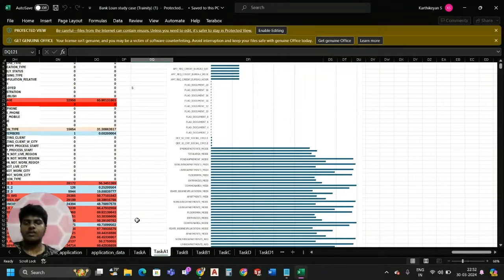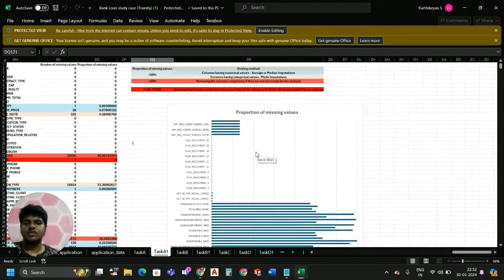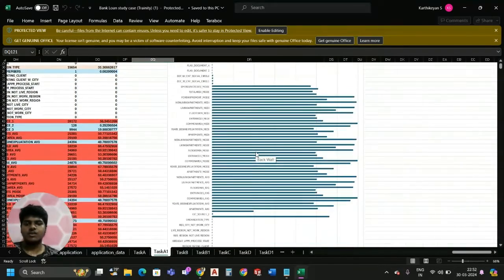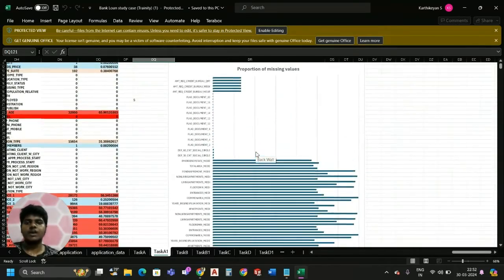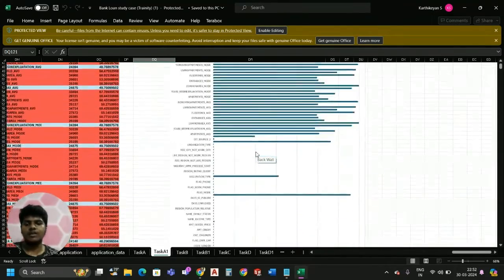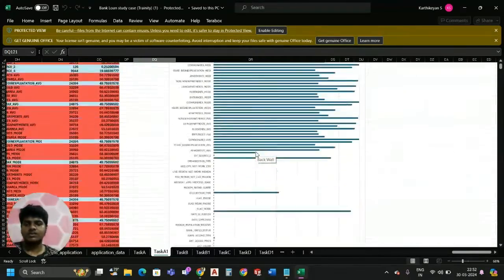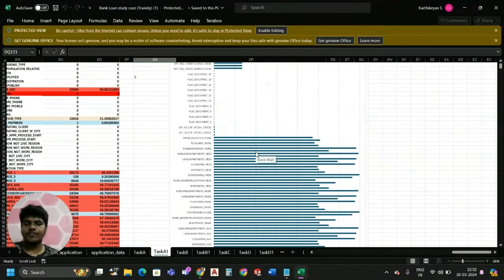And here you can see the distribution of missing values visualization chart. Here I use the bar chart to depict the values. Next, coming to the report.